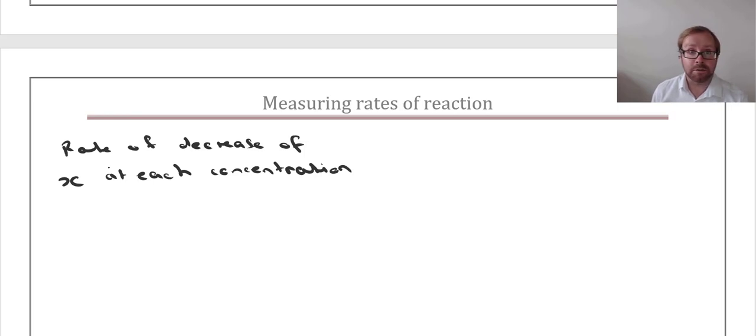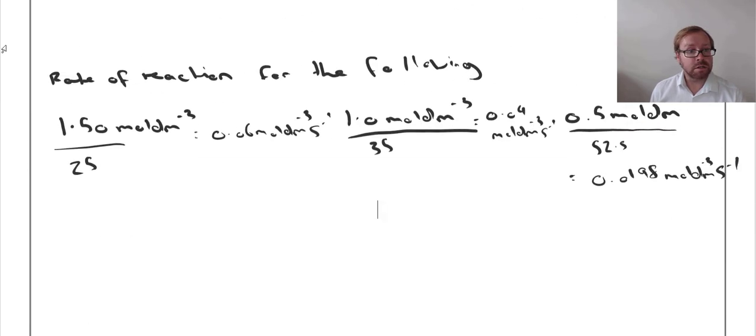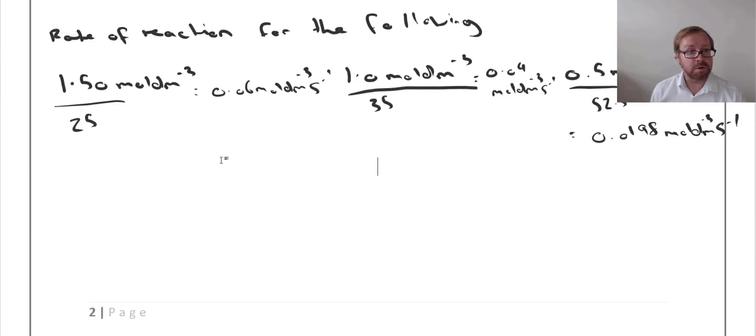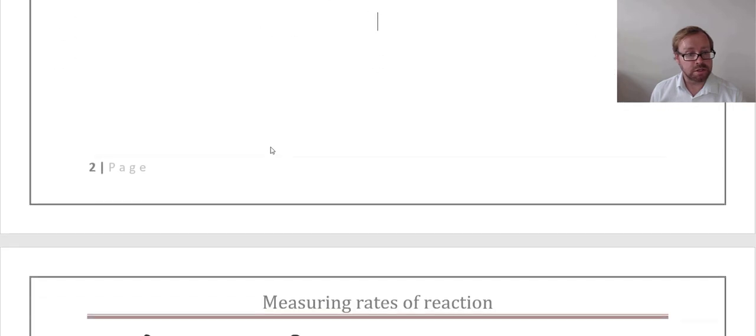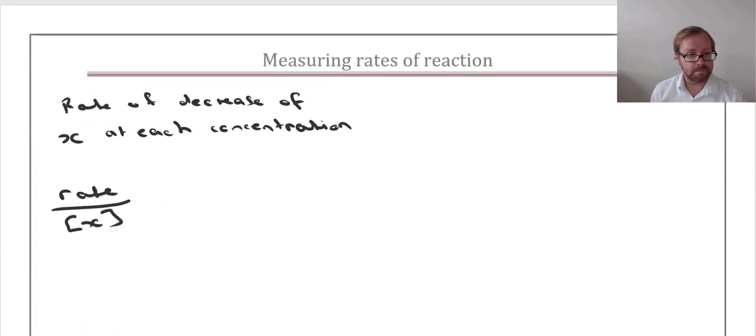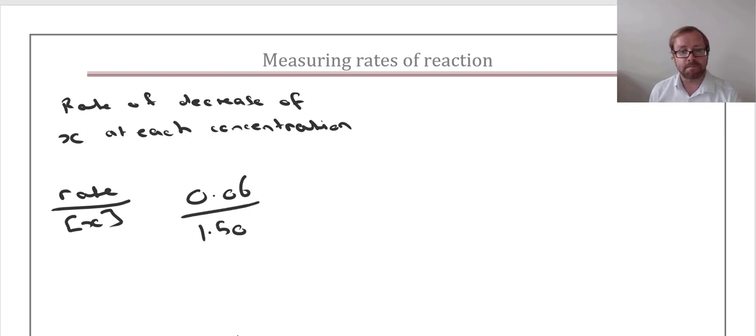But the way we do this calculation is we have our rate over our concentration of X. So from our previous calculations up here, we've got our rate, which is 0.06. My concentration was 1.5.